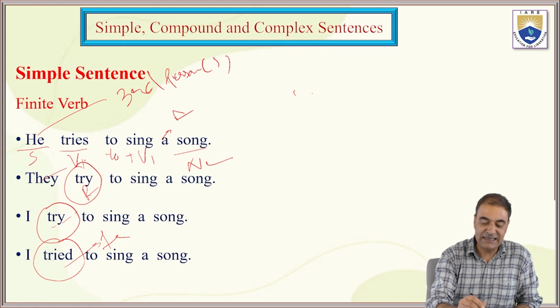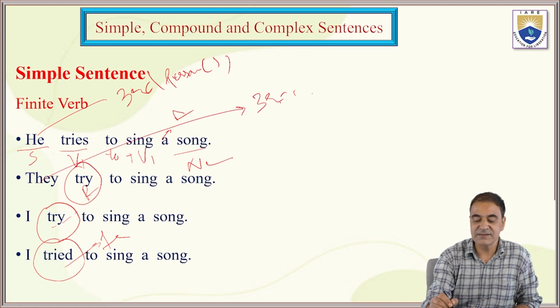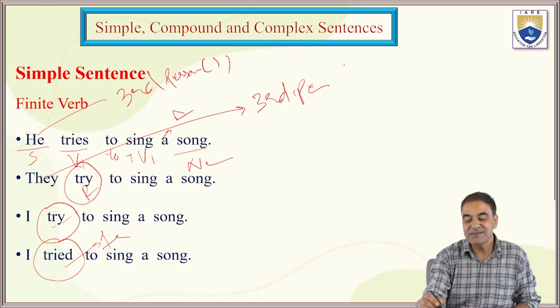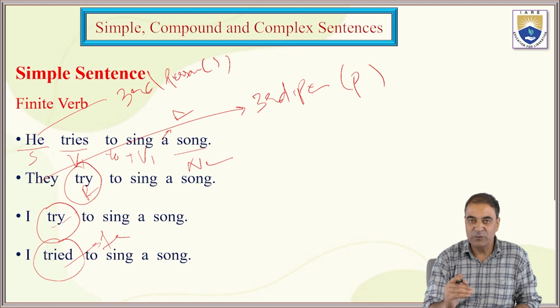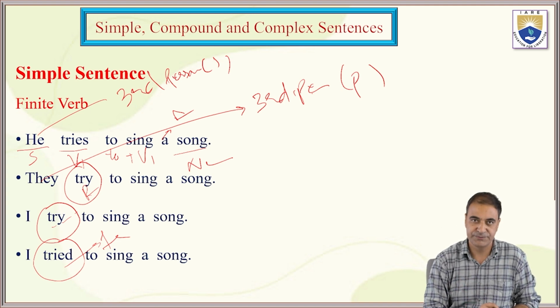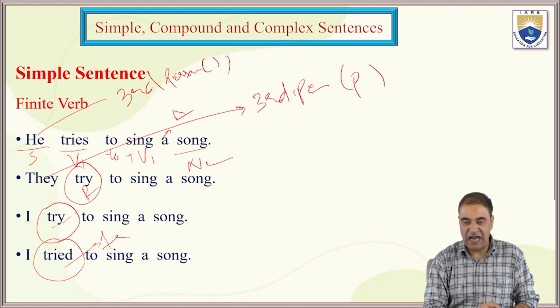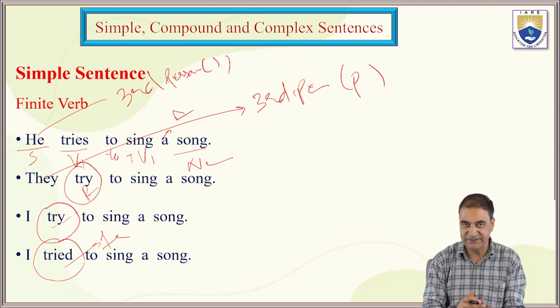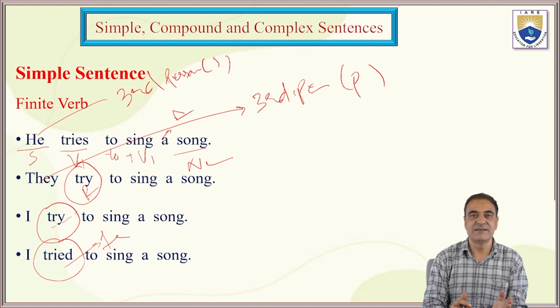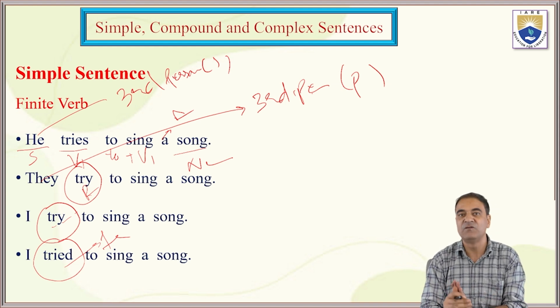And in the second sentence, again it is third person, but it is third person plural. Now, when we change the number of the subject, and with this change the verb changes, we call it a finite verb. And if the verb doesn't change, we call it a non-finite verb.